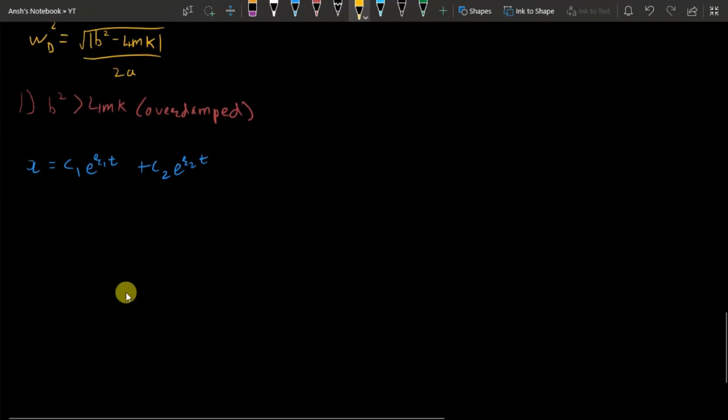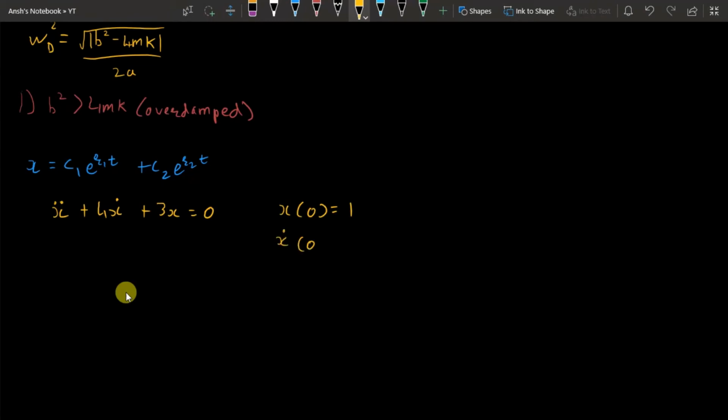So we have been given a differential equation of x double dot plus 4x dot plus 3x is equal to 0. And we also know the initial conditions, x of 0 is equal to 1 and x dot of 0 is equal to 0. So we want to solve this differential equation. We write the second order derivative as t square, first order derivative as t.